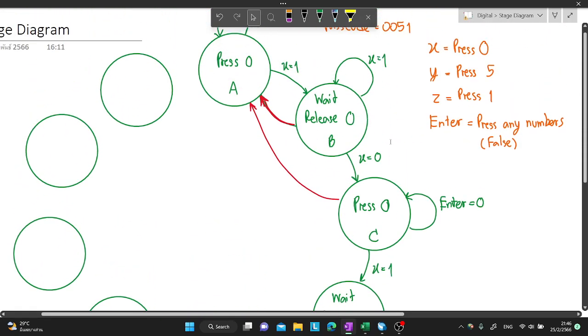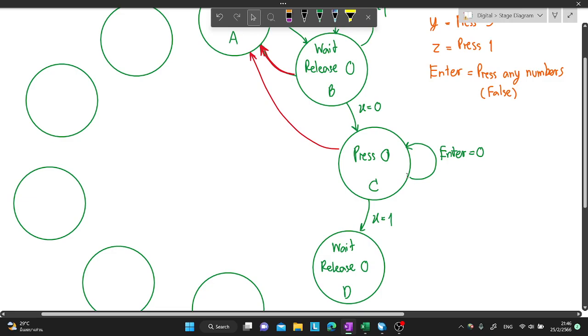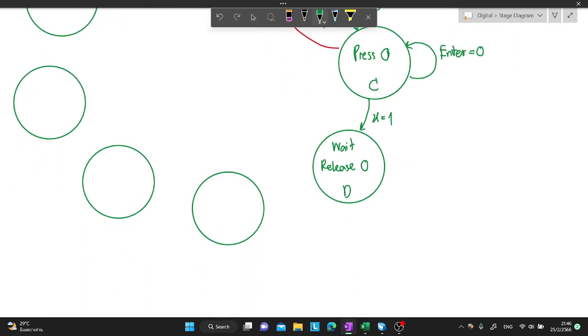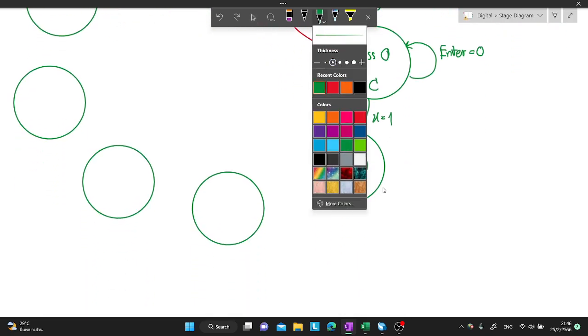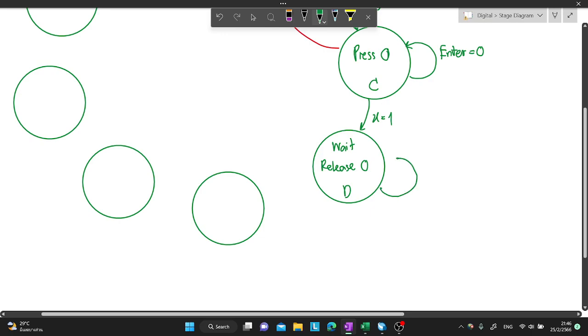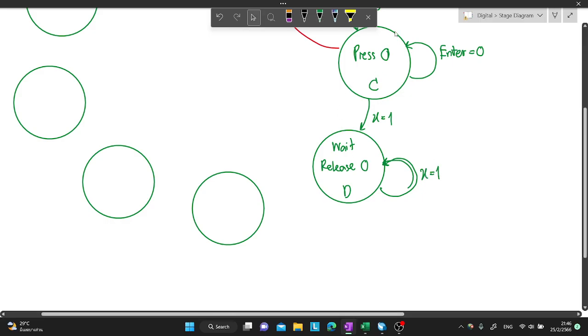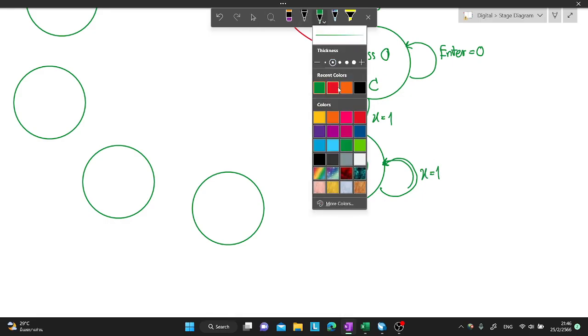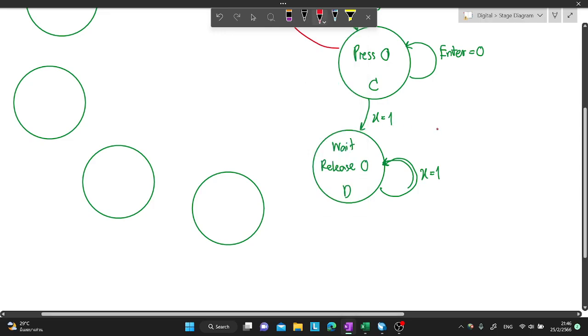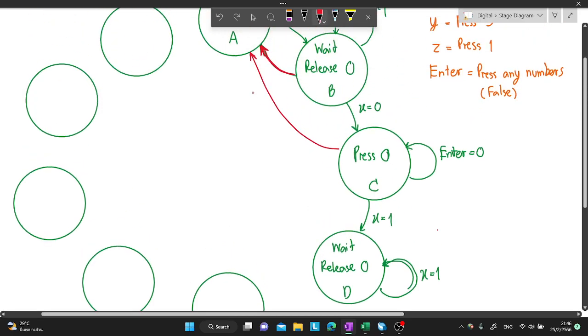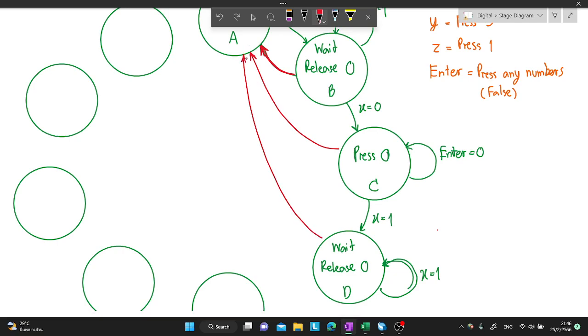If I still press 0, it stays in this state, where x is still 1. If I mess up by pressing any digit, it goes to state A again.